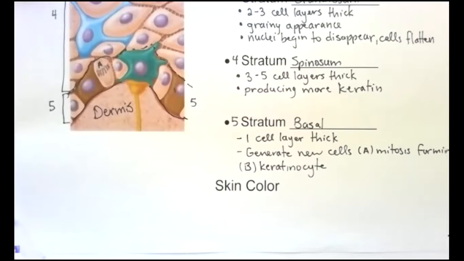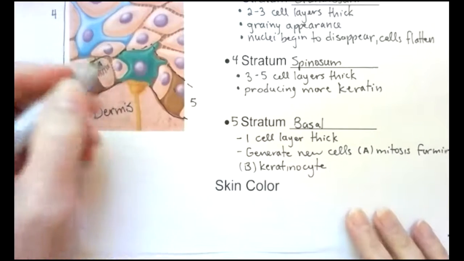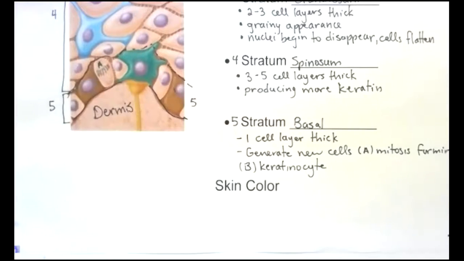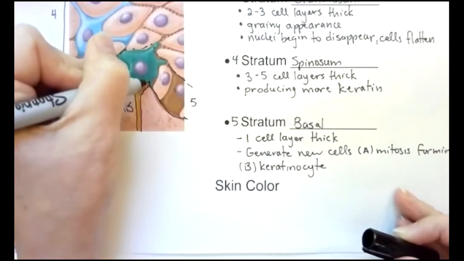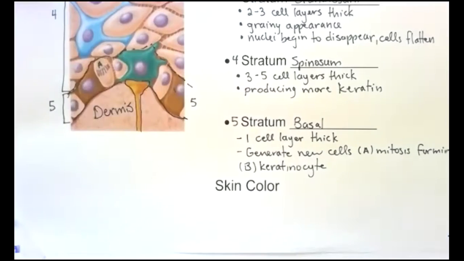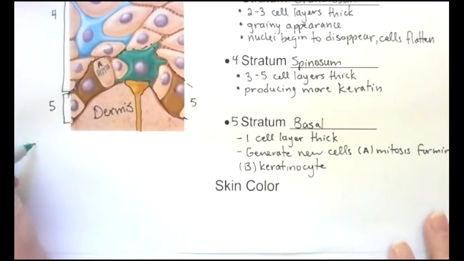All right, I'm going to go with a brown color since my, well, let's start off with green. So on my diagram, you have this green cell, and there's this odd shape underneath it. And this entire structure, both this and this, is called a Merkel cell.